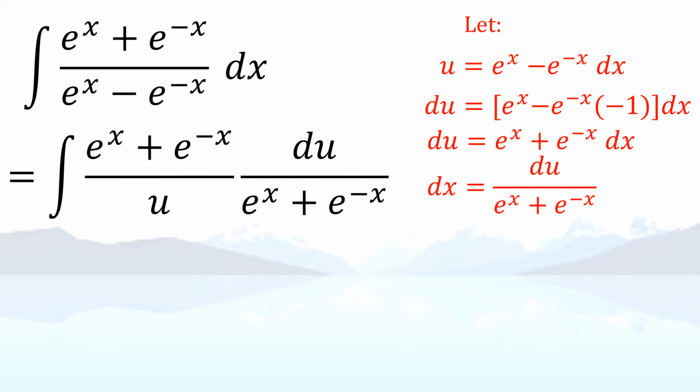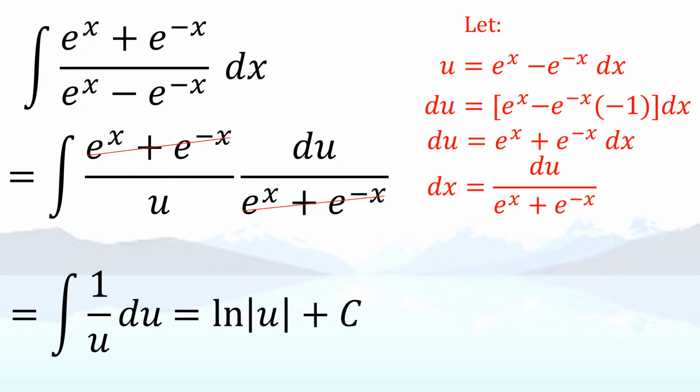So we will be getting the integral of (e to the x plus e to the negative x) over u times du over (e to the x plus e to the negative x). So as you can see here, we can cancel e to the x plus e to the negative x. It will become 1. And then we will be getting the integral of 1 over u du.